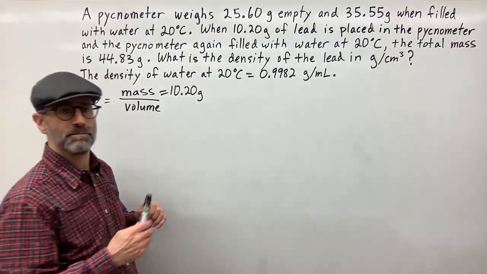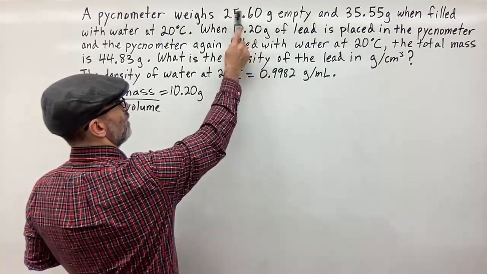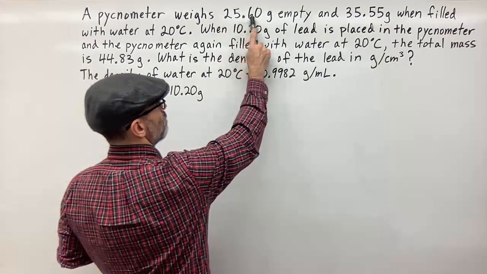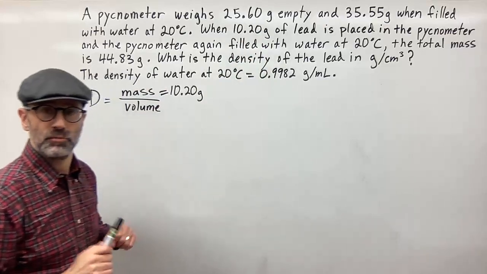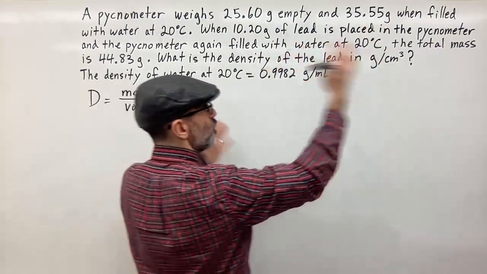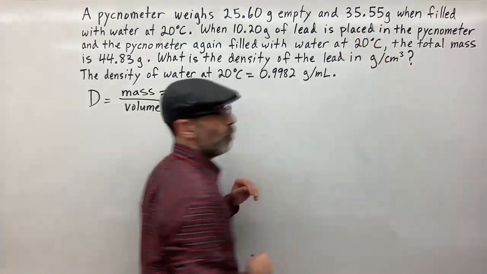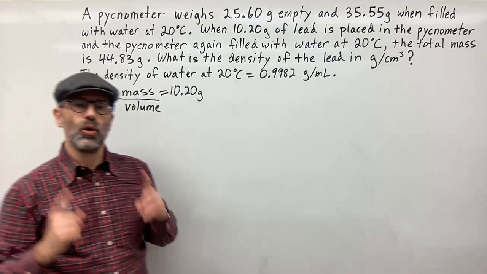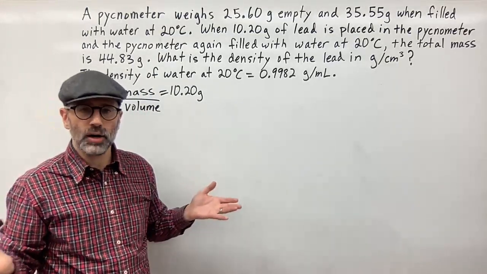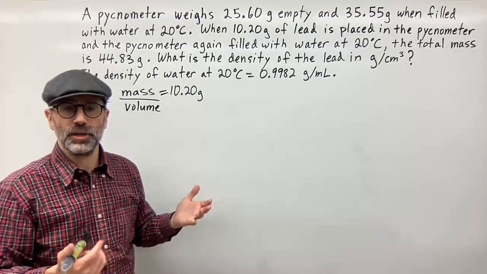Yes, we can. We're told that when the pycnometer is empty, it's 25.60 grams, but when we fill it up with just water, the mass becomes 35.55 grams. So we can subtract that and get the mass of the water that filled the entire pycnometer.